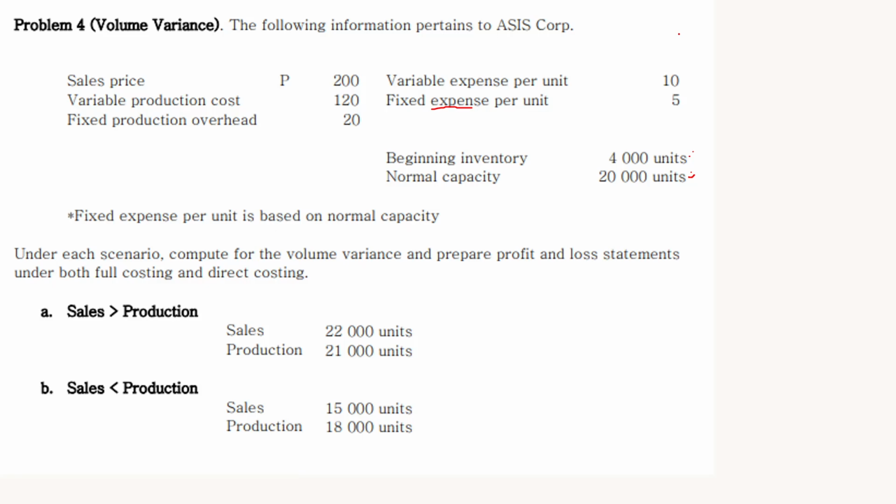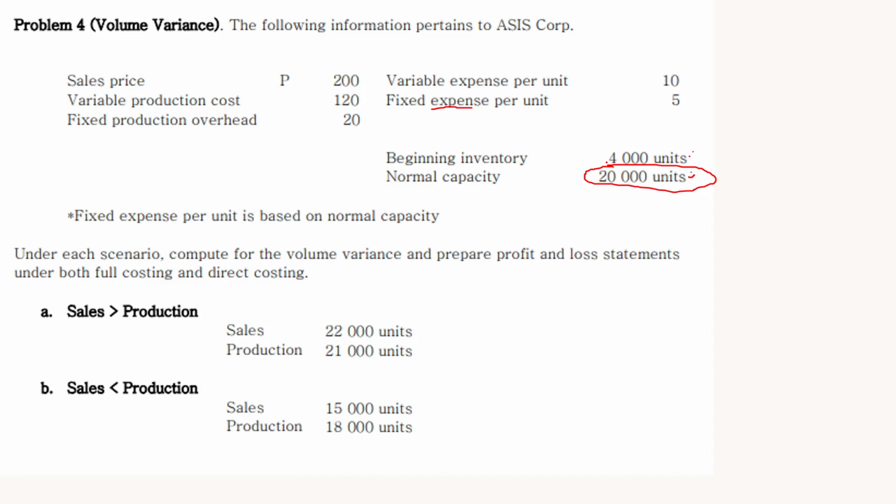Pag walang binigay na planned or expected production, we can say it is based on normal capacity. Yung gagamitin natin kasi dapat budgeted or expected production. If there is no budgeted or expected production, our best guess is that we will use the normal capacity.